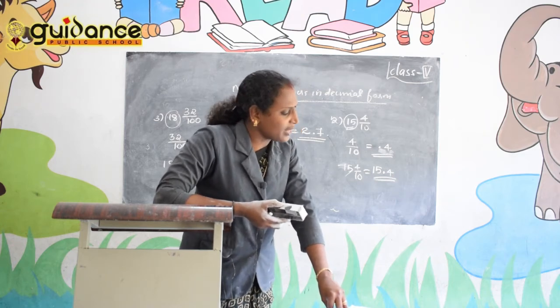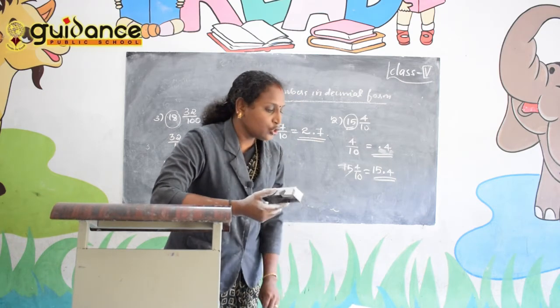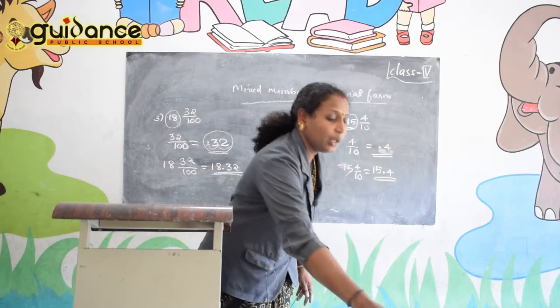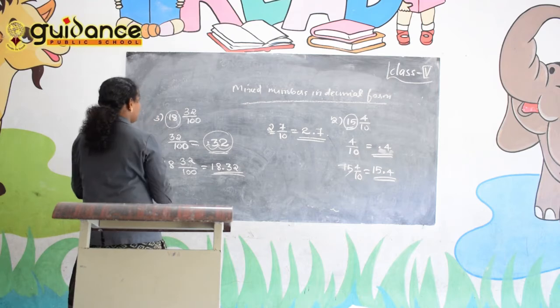The decimal number is there. We will write the fraction or mixed number. So all of you look at the first question.